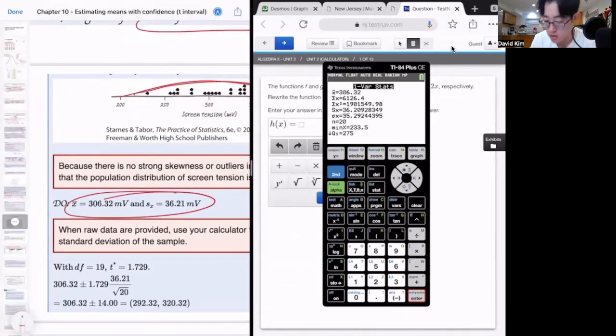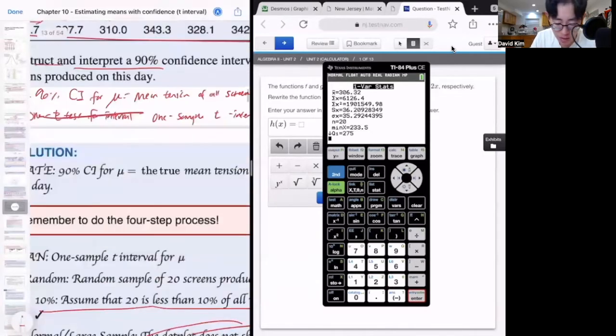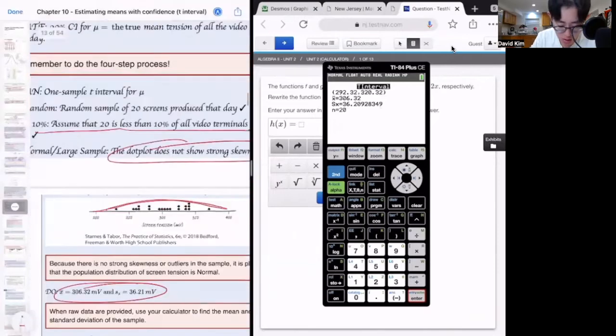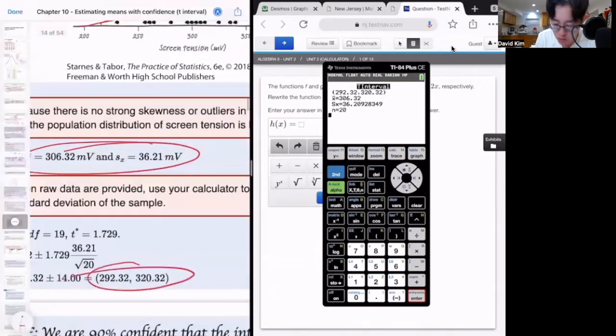Now going into stat test, T interval. Oh, wow, they actually put those values in right away for you once you do that. So calculate that. And there we go. We have between 292.32 and 320.32, just like our answer key says.